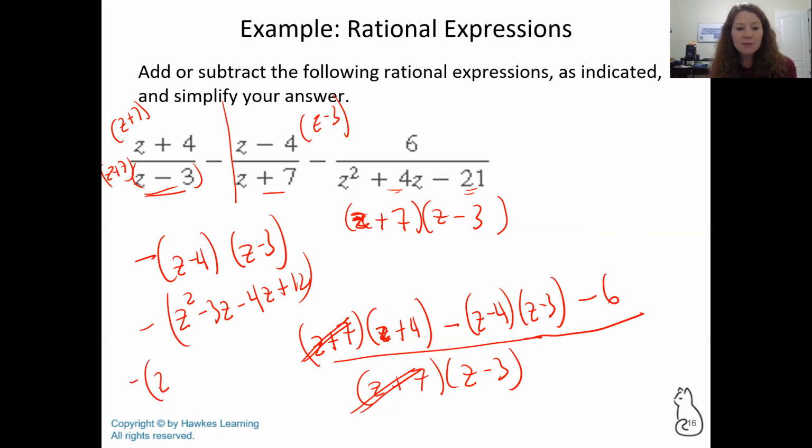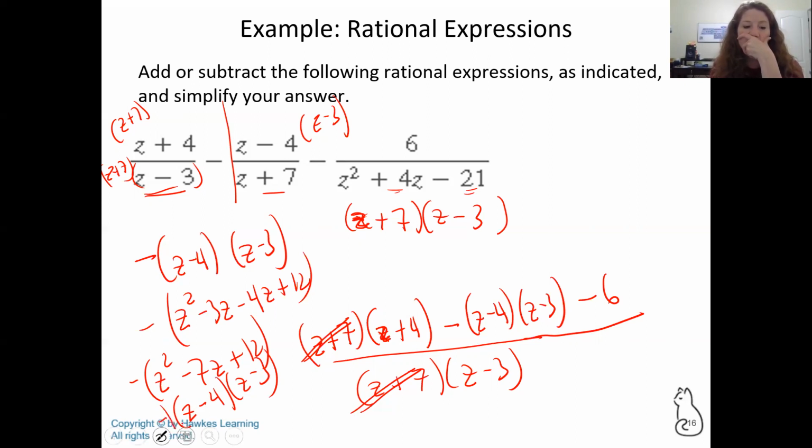So if we combine like terms, we get negative 7z plus 12. Anyway, two numbers that multiply to give us 12 and add to give us 7 would be z minus 4, z minus 3, but it's a negative 1.